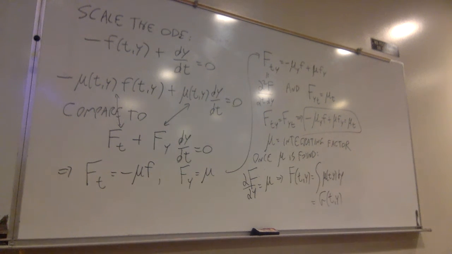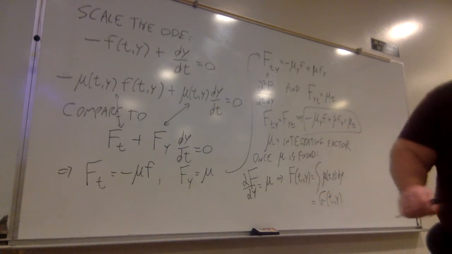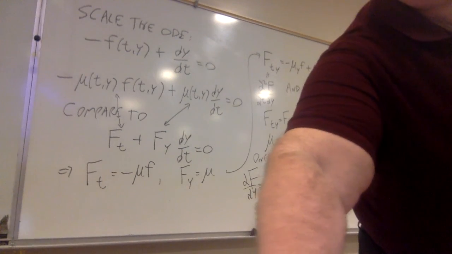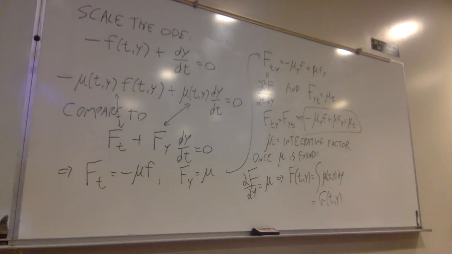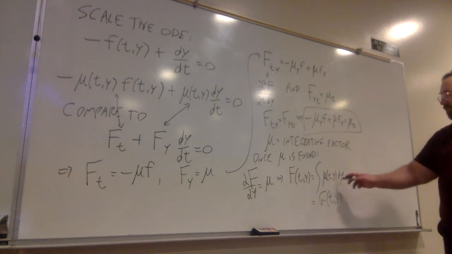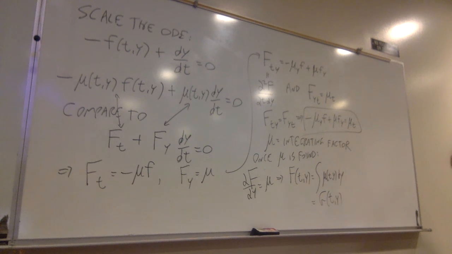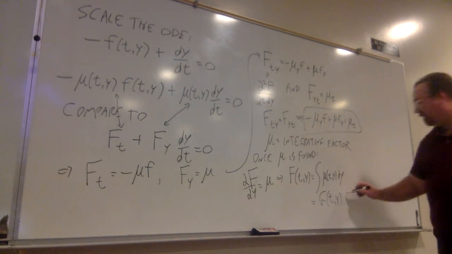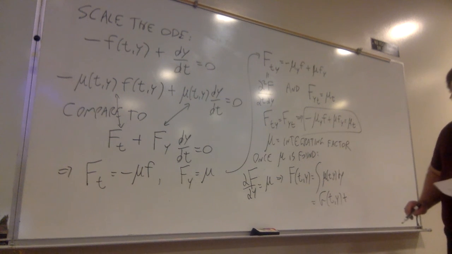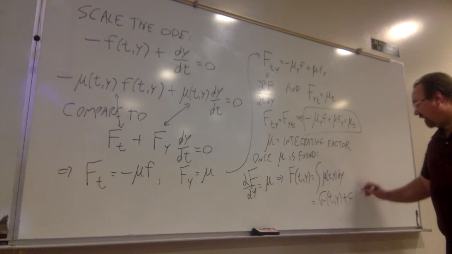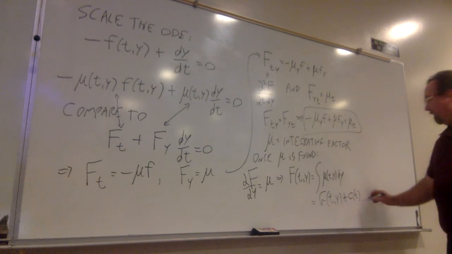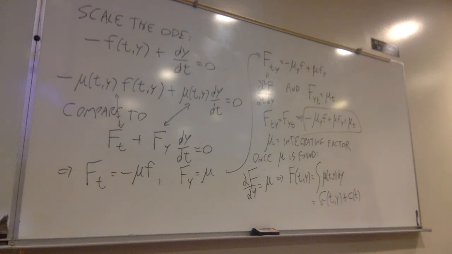But when I work out that integral, I need to include what? Plus c. But plus c is going to be a little different this time, because this function depends on both variables t and y. If I integrate with respect to y only, then what I add on to it is not a constant, it's a function of t.